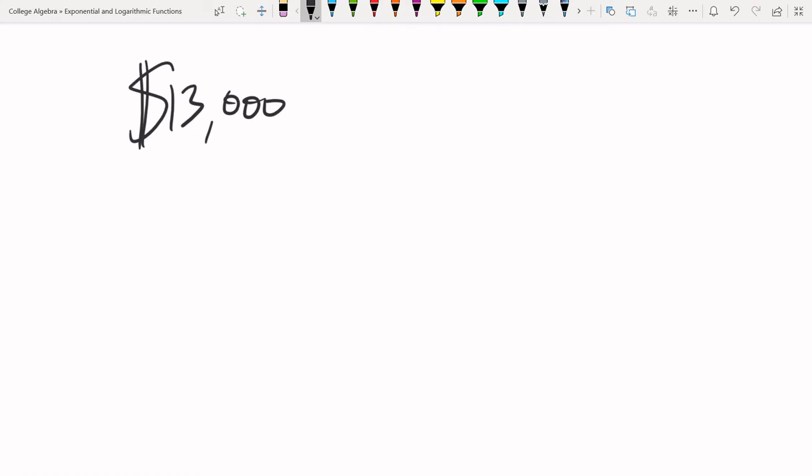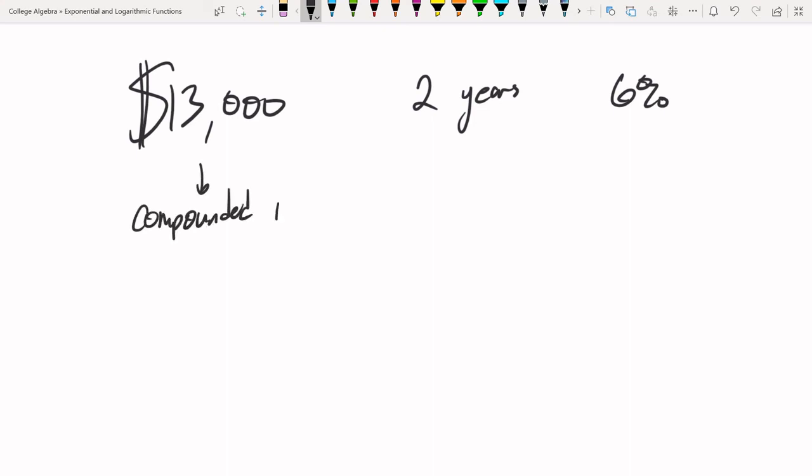So this is after 2 years. We have a 6% interest rate for both of the accounts, and the first account is compounded daily. The second account is compounded continuously.